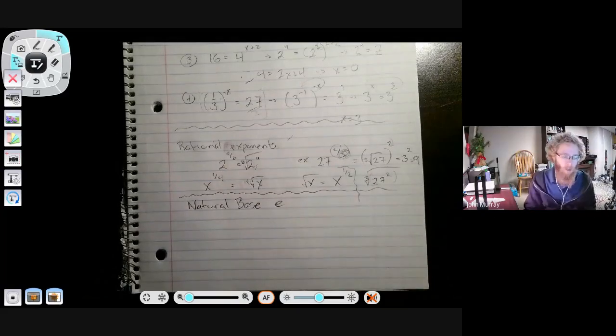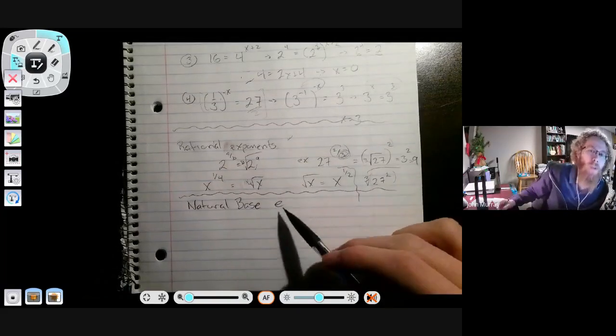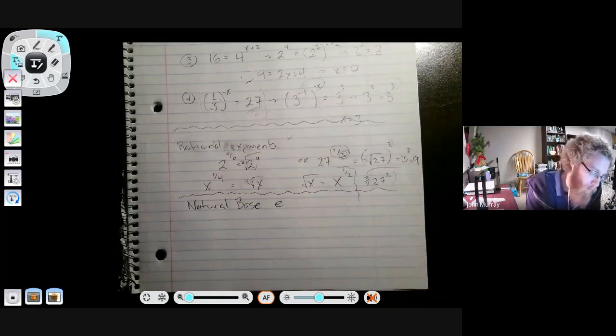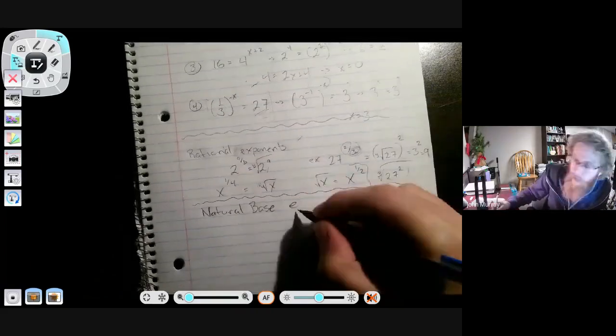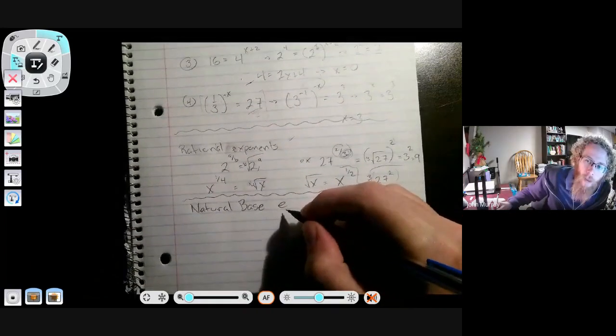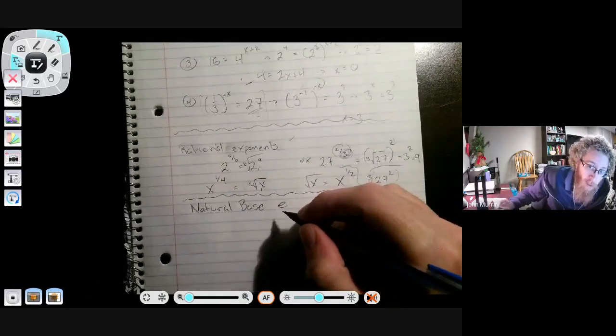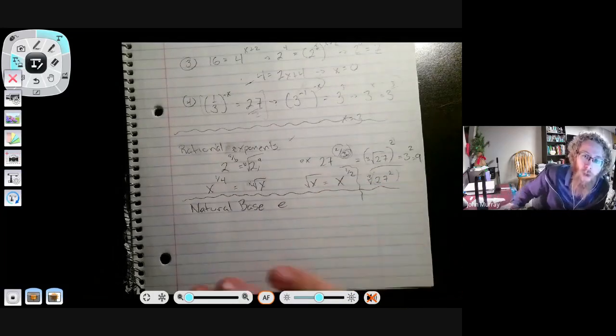You may have seen this on your calculator. It is the number e. So e is like pi. It is an irrational number. It's a decimal that goes on forever.